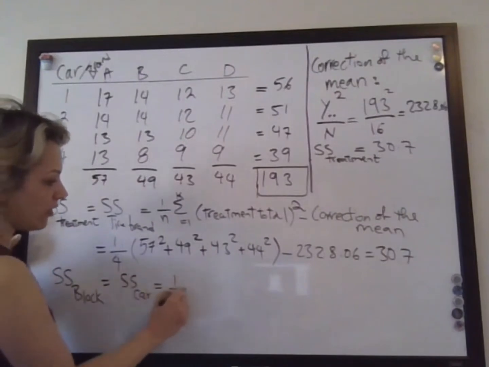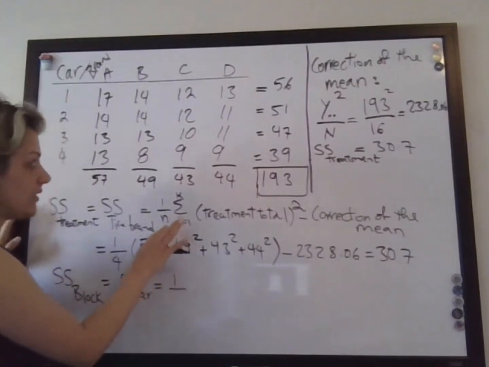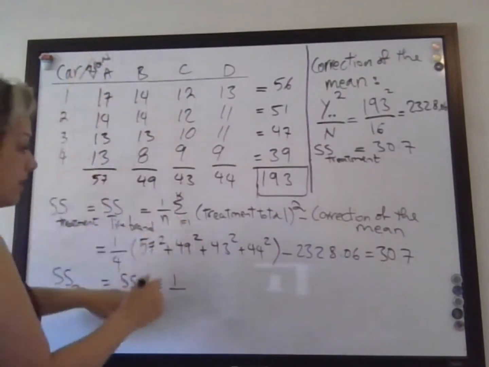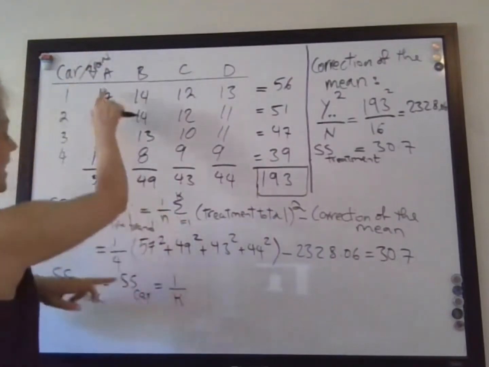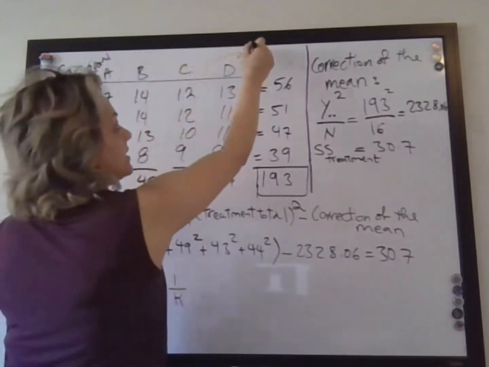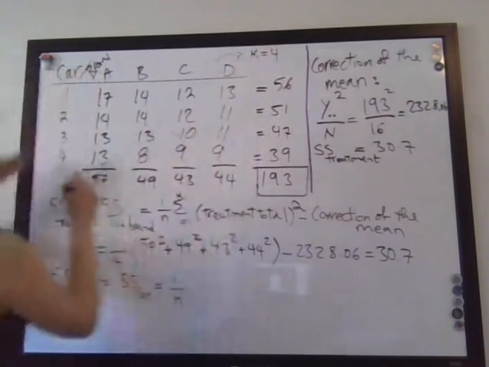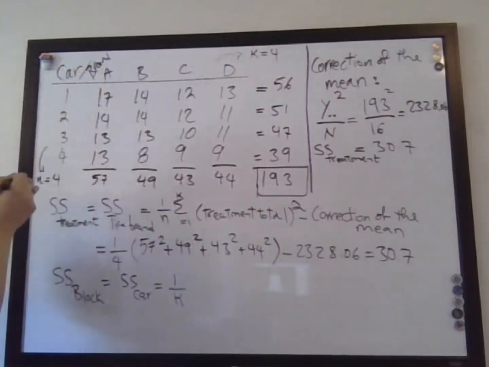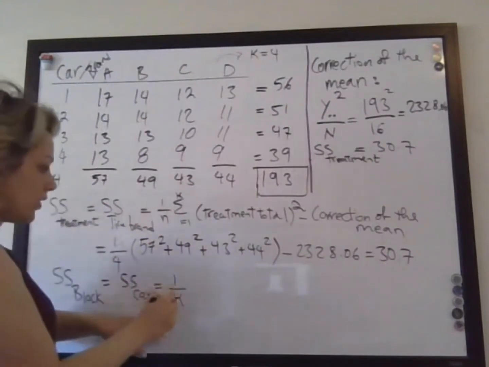And then I would have 1 over, here it was n, because n showed how many numbers I would have in one column. But here it is going to be 1 over k, because k is the number of... from here you can say k is equal to 4, and from here you can say n is equal to 4. Okay, so 1 over k.